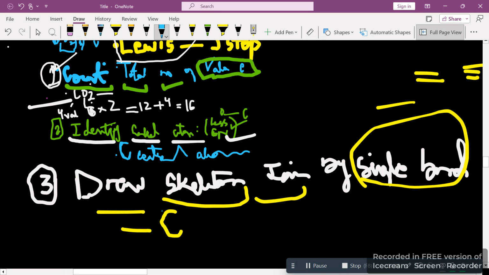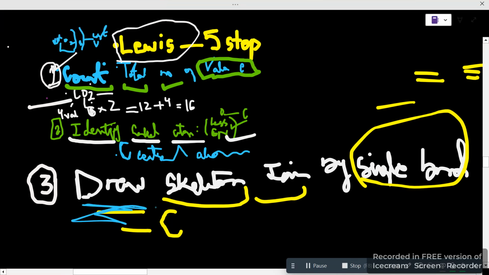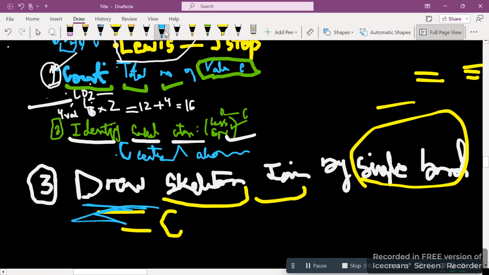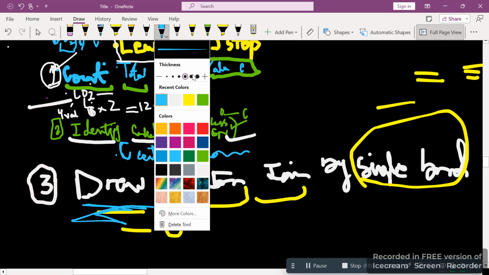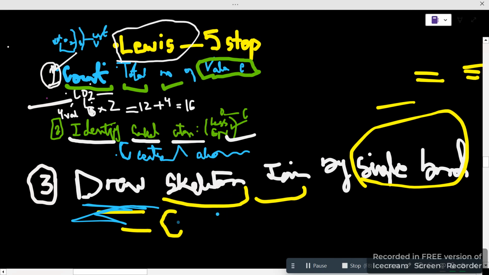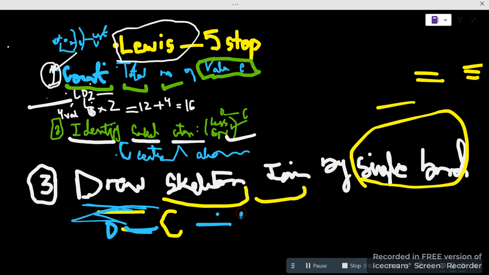So how? This is not just one line, this is the drawn line. If this is a carbon, it will be attached to oxygen on both sides, so you can identify that this is the central atom.